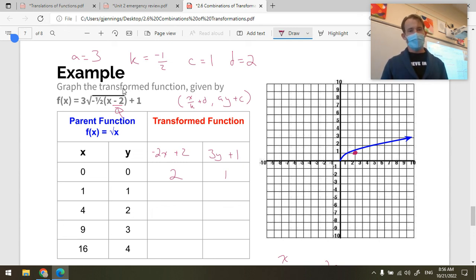1, 1. So we take 1 and multiply it by negative 2, and then add 2 to it. Oh, I know what 1 times negative 2 plus 2 is. It's 0. And then 1 times 3 plus 1 is 4. Okay, 4, 2. That is going to be negative 8 plus 2 is negative 6. And then 2, this is going to be 6 plus 1 is 7. Okay. 9, 3.